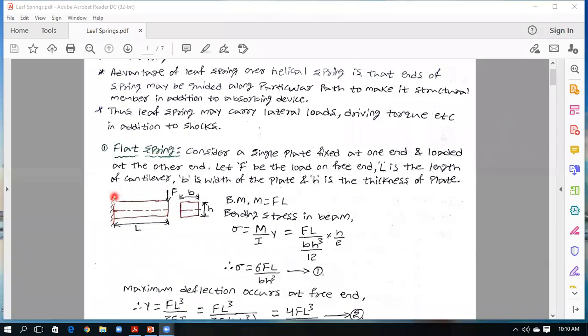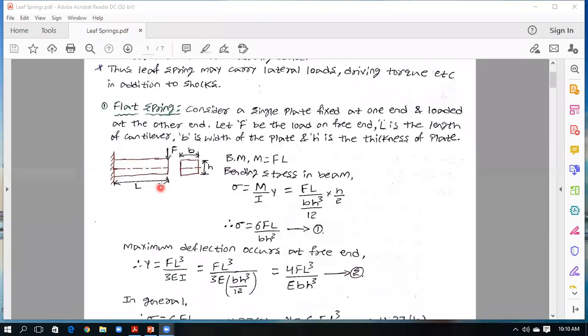Cantilever is also fixed at one end, free at the other end, and the loading is done at the free end. F is the load acting at the free end, L is the length of the cantilever, B is the width of the plate, and H is the thickness of the plate.